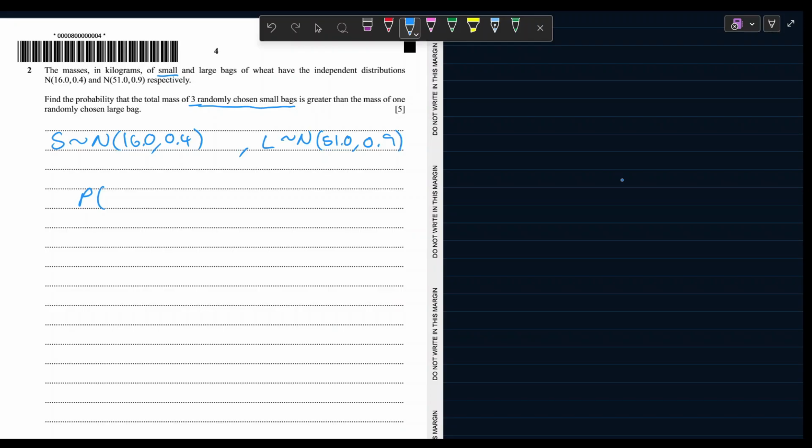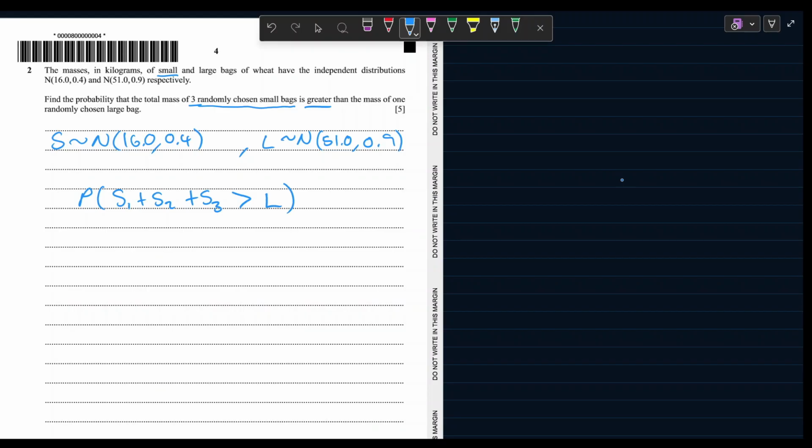So this is a sum. It's going to be S1 plus S2 plus S3. And this must be greater than the mass of one randomly chosen large bag. So greater than L. Okay.